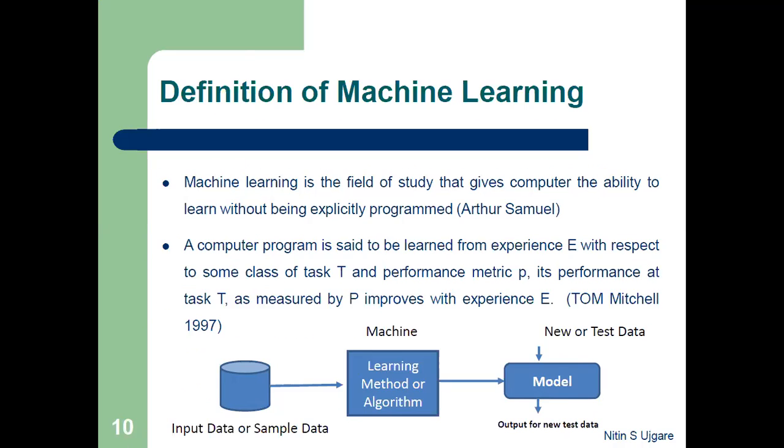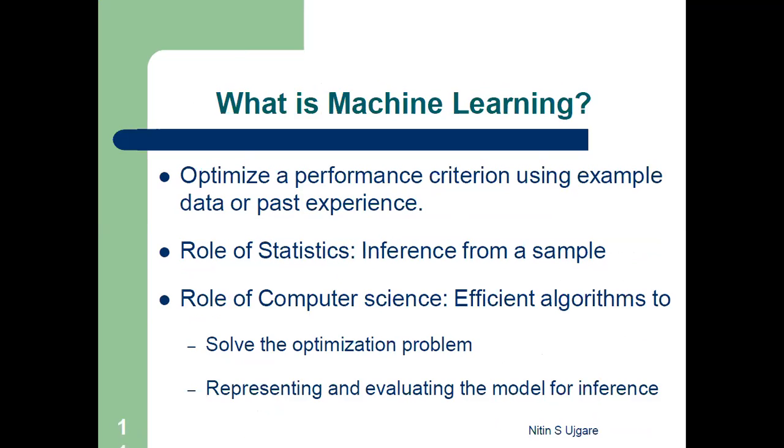Now we'll see why we use machine learning. Machine learning is used to optimize the performance criterion using the example data, that is the sample data or the past experience. What is the role of statistics in machine learning?